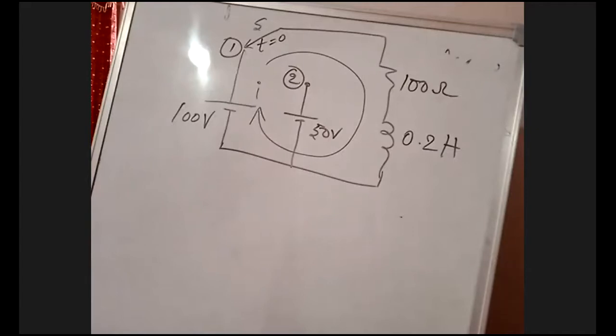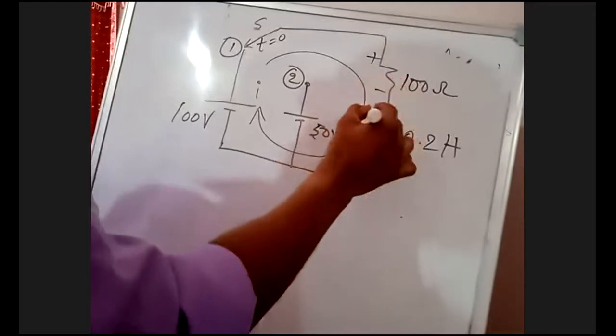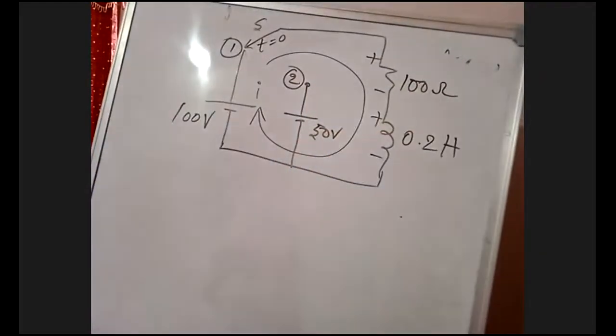Now 100 volts is connected to RL branch. Now I write the loop equation here. In the direction of current, I will take plus and minus.